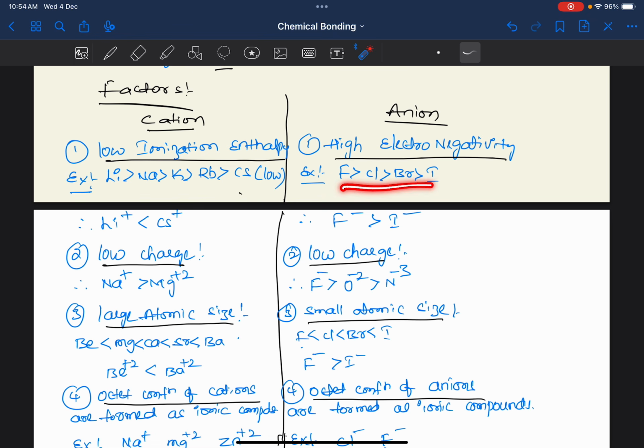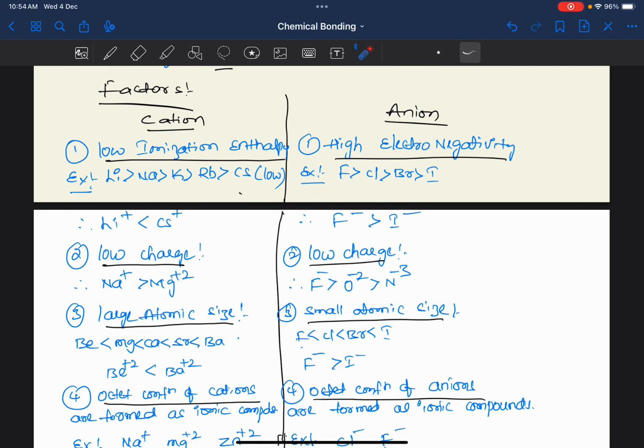Therefore, fluorine has the highest electronegativity and iodine has less. So between fluorine and iodine, the atom more easily converted to an anion is fluorine. Fluoride ion is more easily formed than iodide ion. Therefore, elements with higher electronegativity are more easily formed as anions.